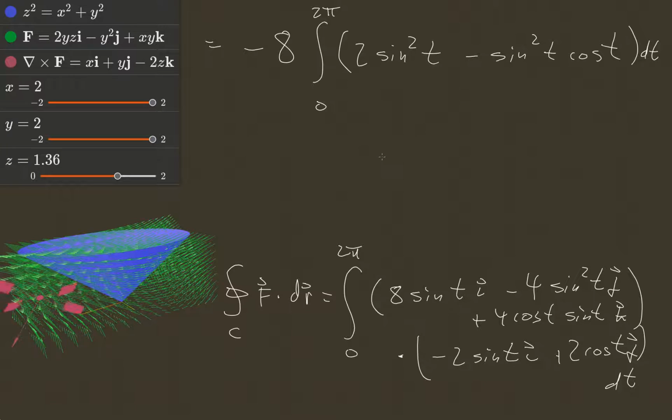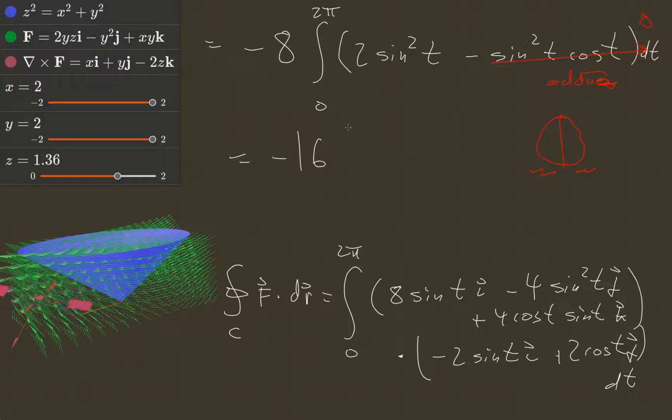Now we could split this into two parts and integrate this by doing a substitution. But actually we can see that this will integrate to 0 just by oddness. If we go over the circle, we have the negative cos values here and the positive cos values here, but the sine squared is going to be the same. So that will integrate to 0 anyway. So then we just need to integrate. This becomes negative 16 times the integral of sine squared.